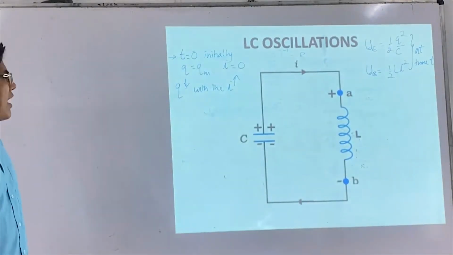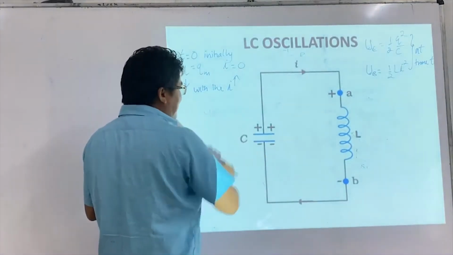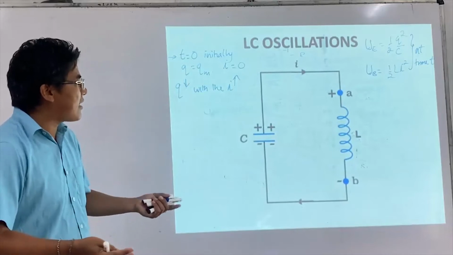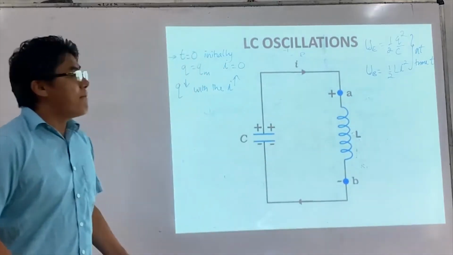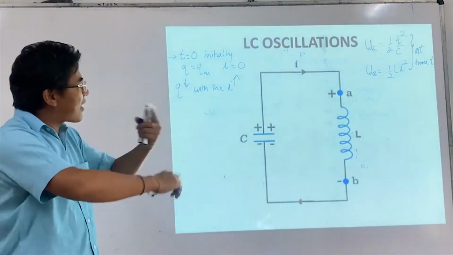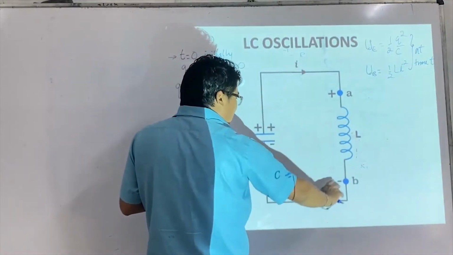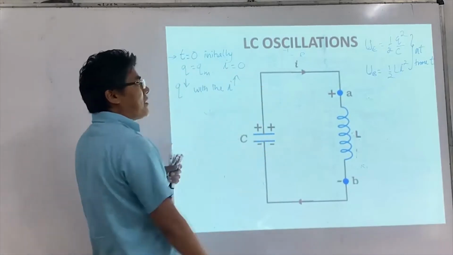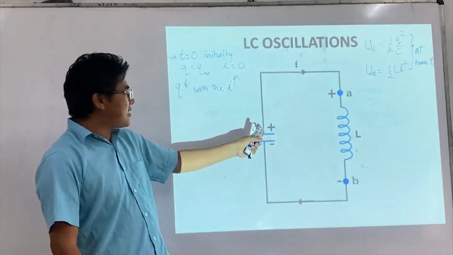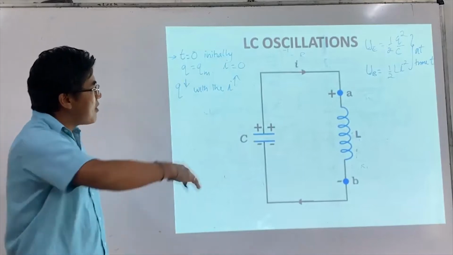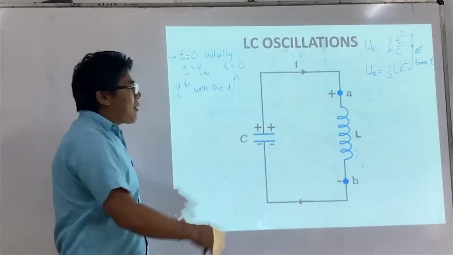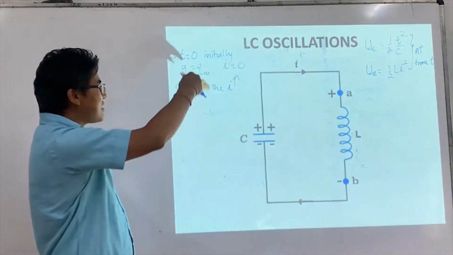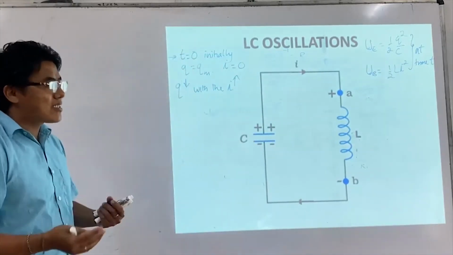Sometimes the charge in the capacitor is fully exhausted, and the current in the inductor becomes maximum. Then again there will be a charging of the capacitor taking place. Initially the capacitor was discharging; now the capacitor is charging, the current in the inductor decreases, and this is how it takes place.